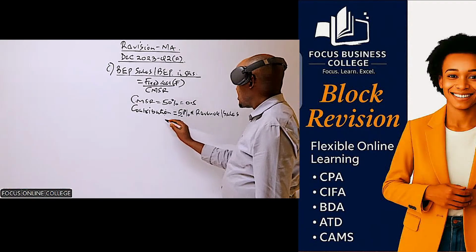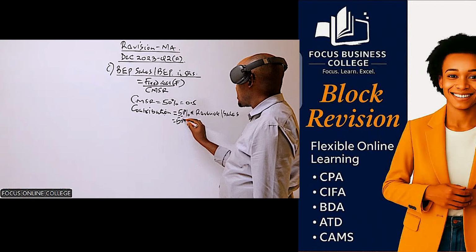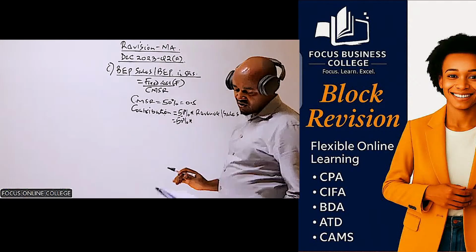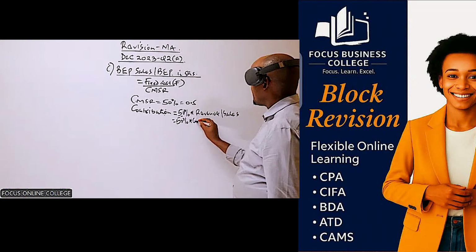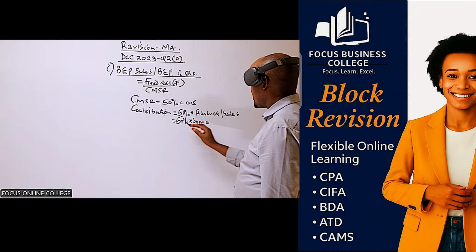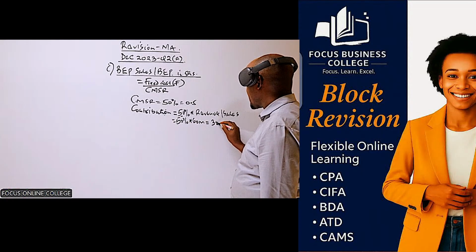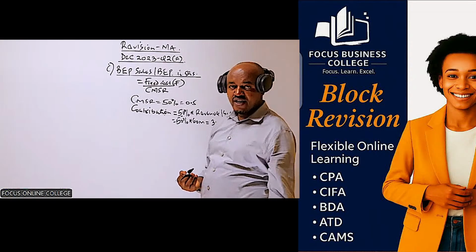So in our case, how do we compute this contribution? We take 50% of the revenue. The revenue is given as 60 million. So the contribution will be equal to 30 million.